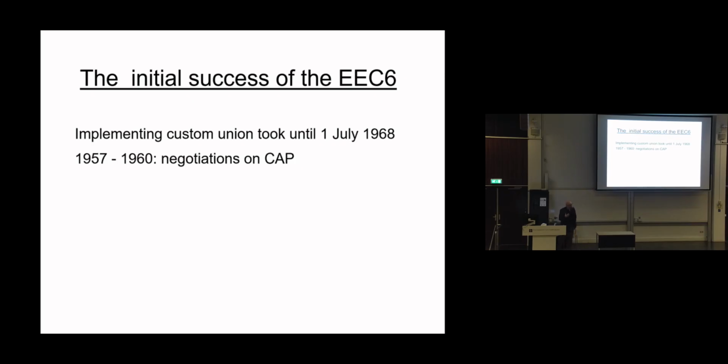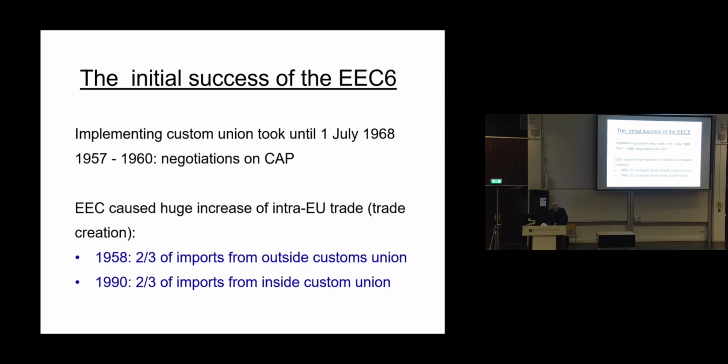So there was an initial success of the EEC, and both the EFTA and the EEC6 were basically completed in the mid-1960s. The success of the EEC can be shown by the amount of intra-EU trade that was created.